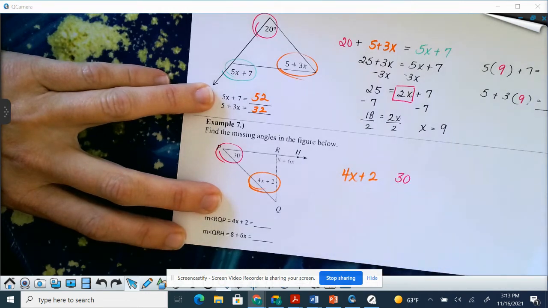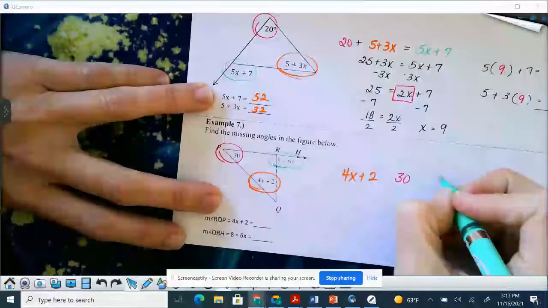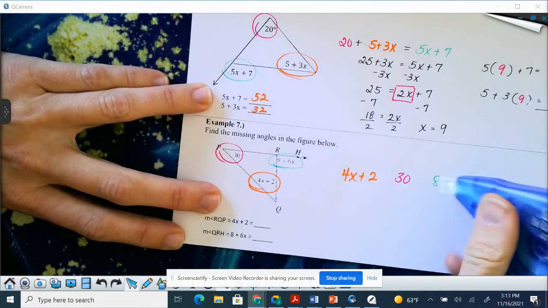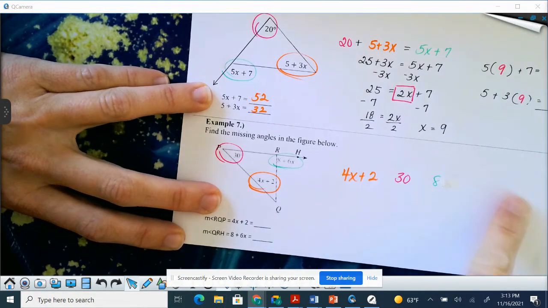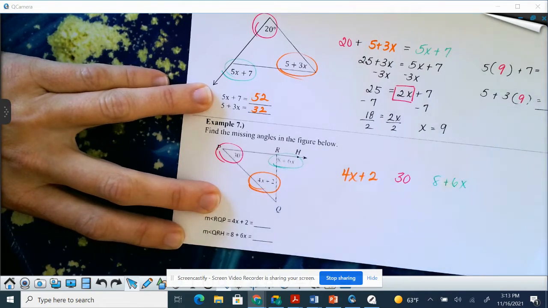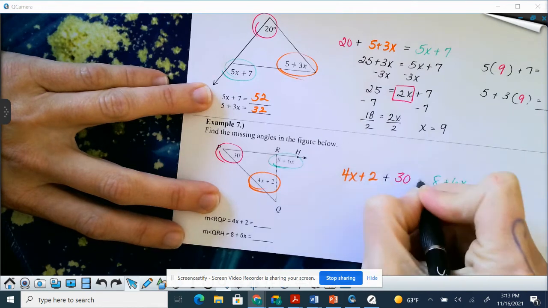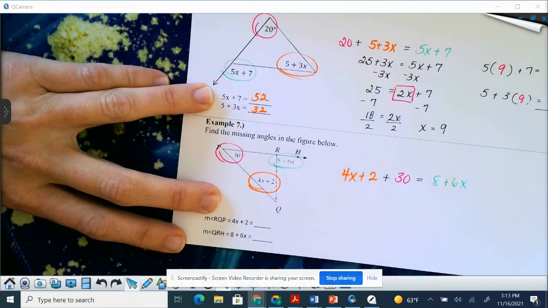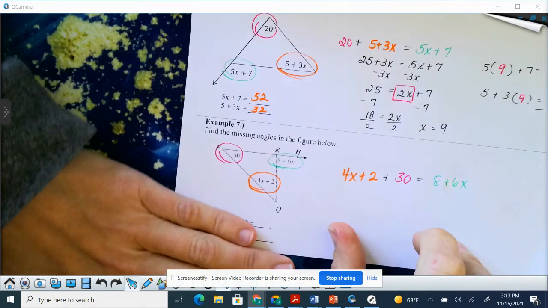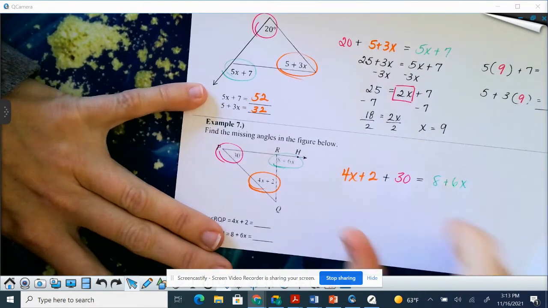And they're going to give us that exterior angle, 8 plus 6x. And remember, we're going to add our two non-adjacents equals. If you didn't try this problem already by yourself, pause it now that we set it up. Just practice your solving of equations is a big, big help.